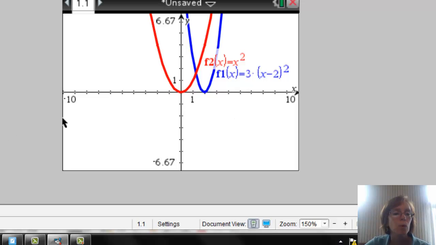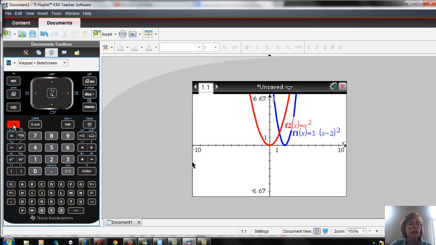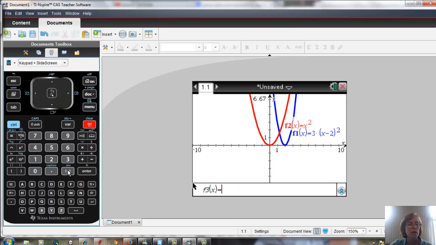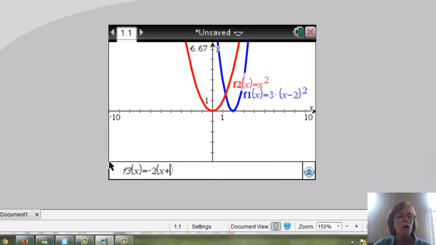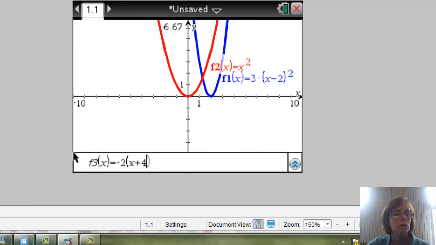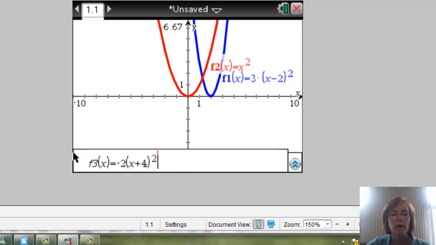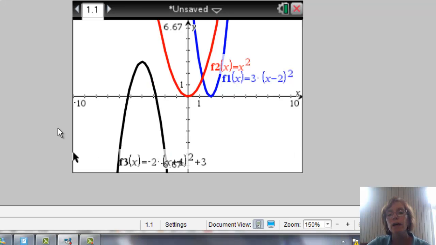Let's do one more of these graphs. So bring back that function line again. So do Control G to bring the function line back up. Let's try -2 times the quantity of x plus 4 quantity squared, and then let's say plus 3. And when we graph that, we get this.